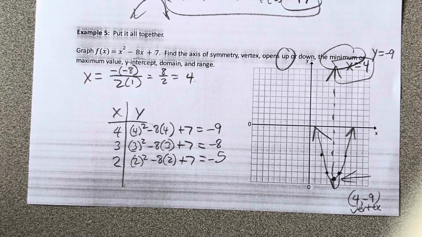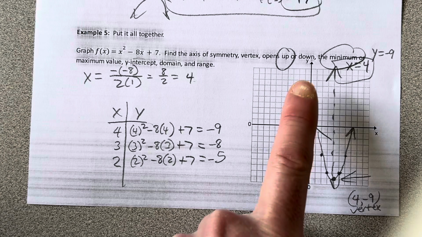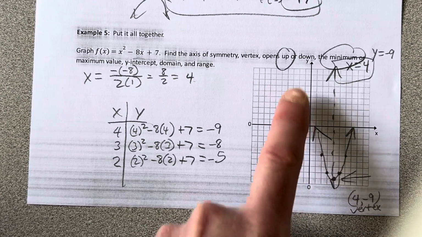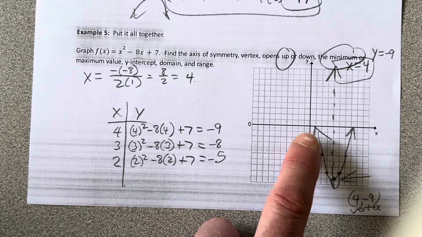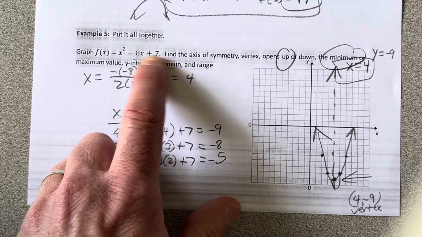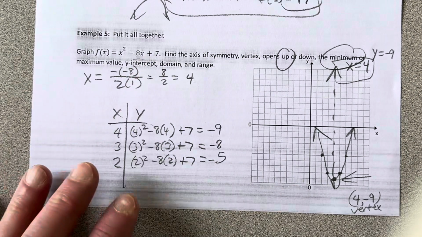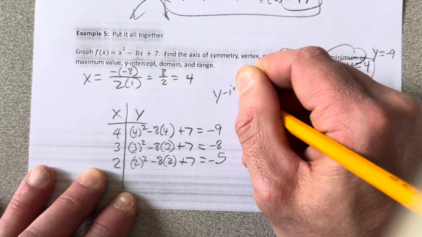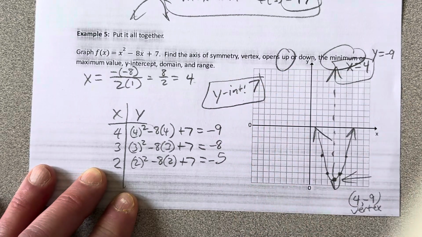And then also they wanted the y-intercept. Well class, I didn't graph mine crossing. So, I would just really be guessing unless I actually plugged in more points. But the nice thing is it's the constant right here. If we put 0 in, we're gonna get 7. So the y-intercept is 7. It's not really that helpful.